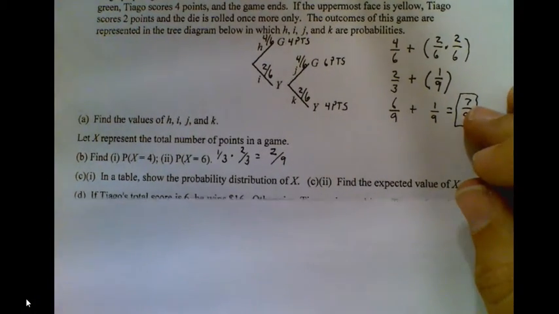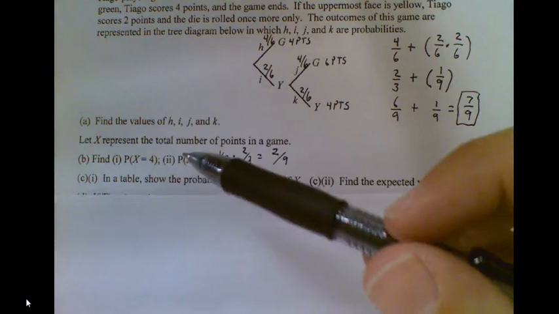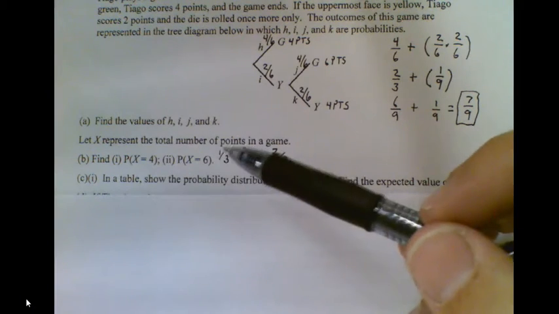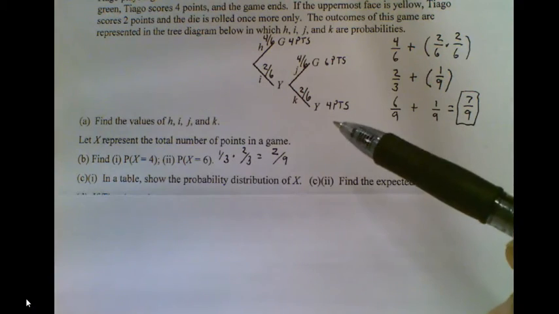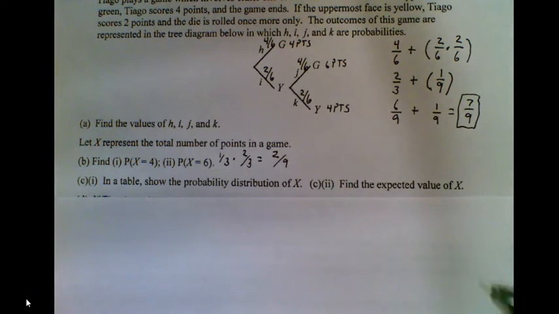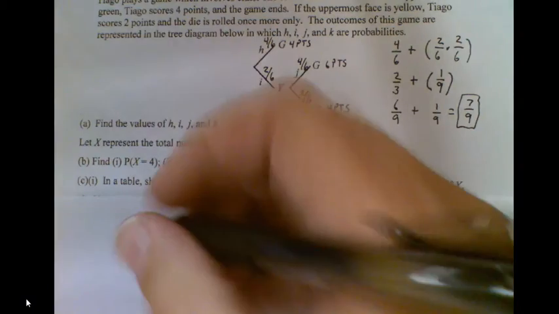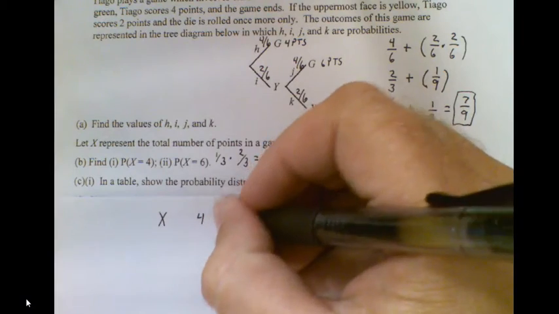Alright, so in a table show the probability distribution of X. In this case, remember, X represented total number of points, and there are only 2 possible outcomes, as we saw on the tree diagram. It could only either be 4 points or 6 points, so this would be a pretty small distribution table. So we know that X could either be 4 or 6.